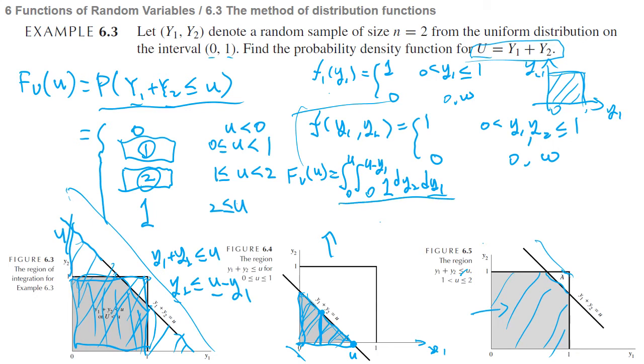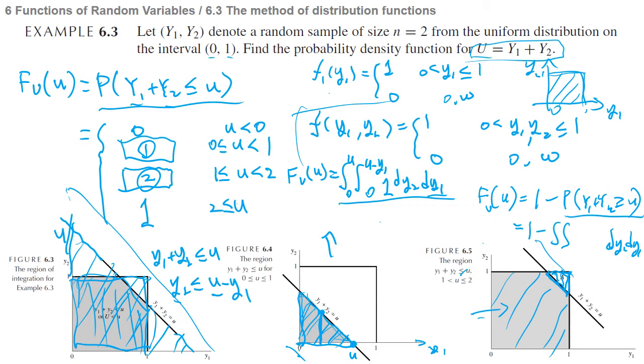Okay, and what about this case? To calculate F_U(u) here, it's easier to calculate 1 minus the probability that y1 plus y2 is greater than or equal to u, which is the probability defined on this area A. This is simpler, so it is 1 minus the double integration of dy2 dy1.